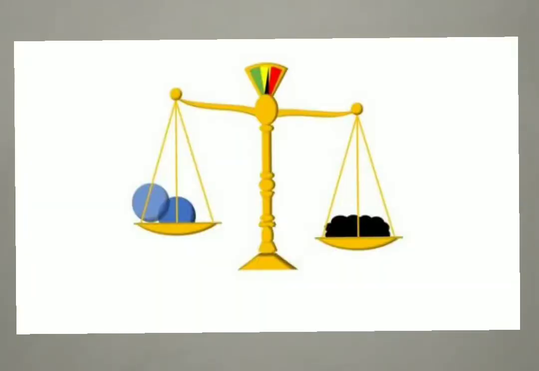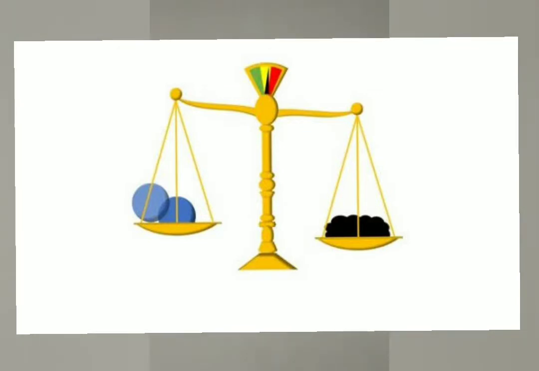Have you seen this instrument somewhere? This is an instrument that people used in olden days to measure quantities in markets. And here in this machine, you can see that there are two pans on both the sides. And to balance this instrument, we need to keep quantities of same weight on both the pans.